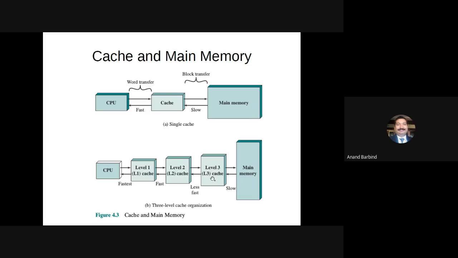But though it is slow, it is not slower than the main memory. The main memory is the slowest one in the internal memory. So this particular cache memory can be organized in different levels even.